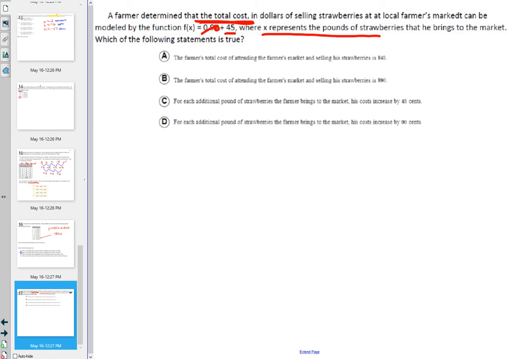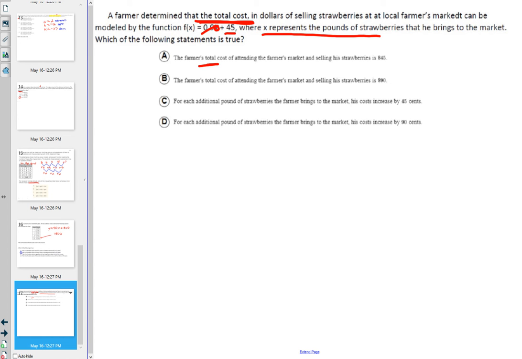Well, actually, no. That doesn't make sense yet, because it's the total cost of selling strawberries. No, because it looks like the farmer's market is going to charge him 9 cents per pound. It didn't say initial cost. It says total cost. So actually, I don't like A so far.